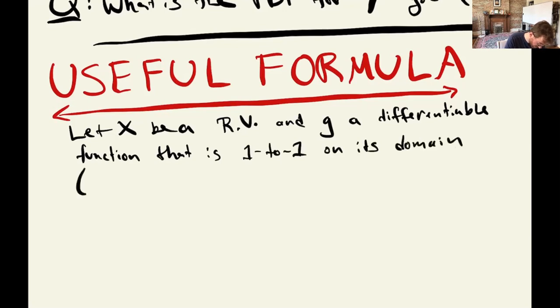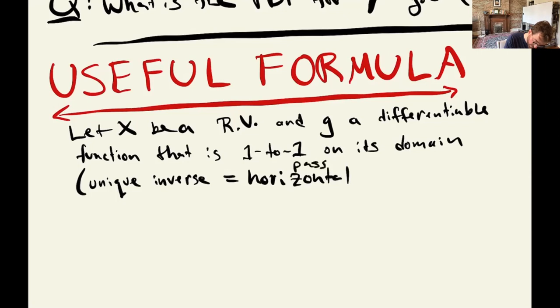What this equivalently means is that there's a unique inverse, which you can also think of as passing the counterpart to the function test, which is the horizontal line test. Passes the horizontal line test.